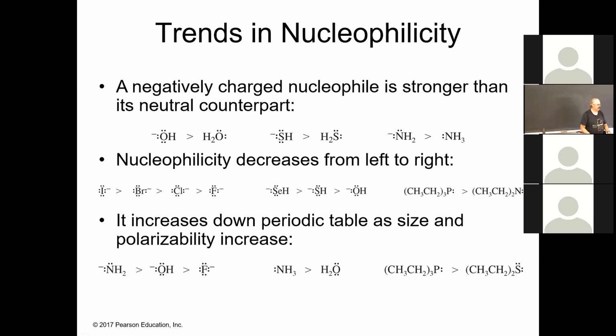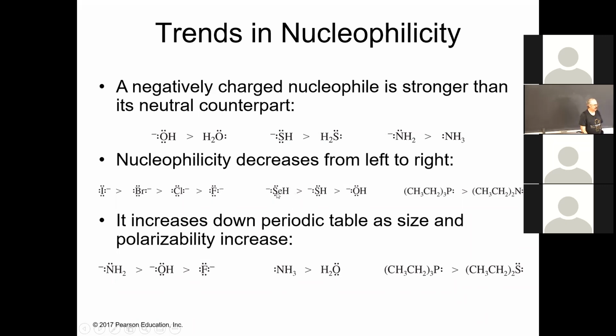There are some periodic trends. For example, as we go down a column, the nucleophilic strength actually goes up. So in the series of halide ions, iodide is the best nucleophile, fluoride is the weakest. This is the column right next to the halides.